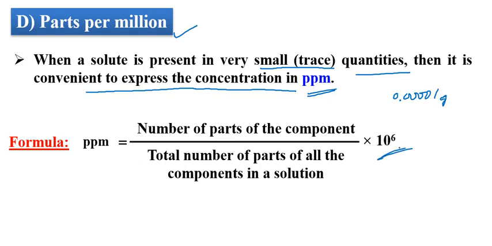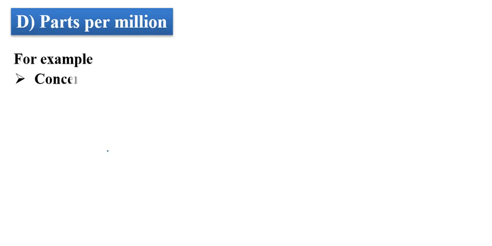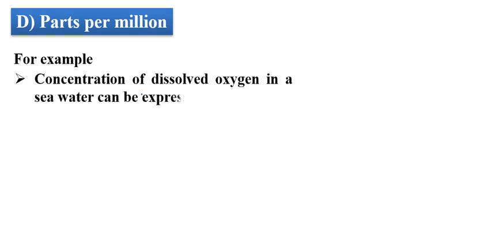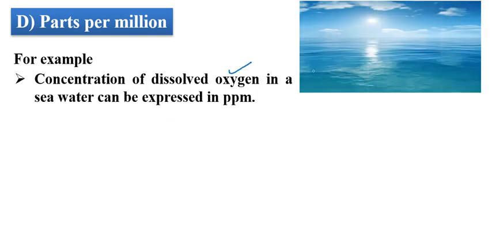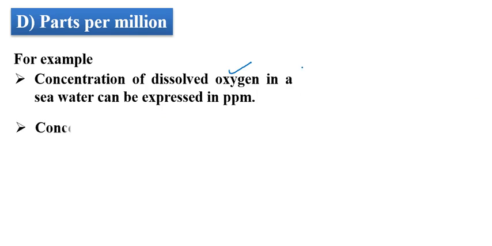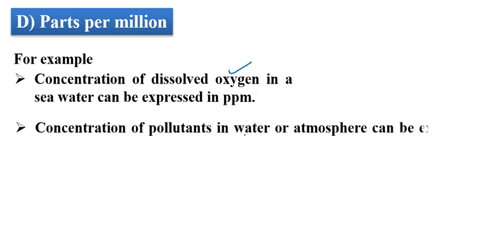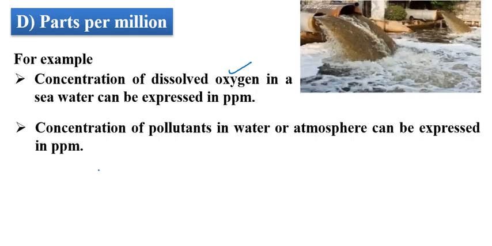This is 1 million. In 1 million, how many parts are there? That is only parts per million. This is one part. For example, the concentration of dissolved oxygen in seawater can be expressed in ppm. The oxygen is very less. The concentration of pollutants in water or atmosphere can be expressed in ppm.